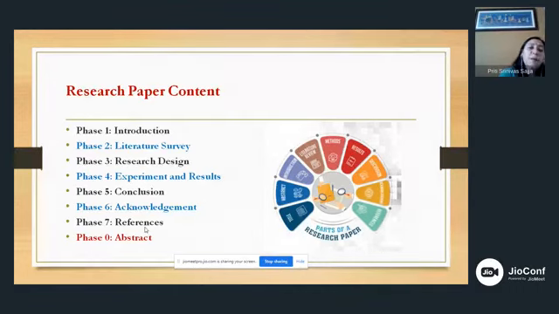It may be a journal, it may be a conference. According to the template, you write all your content and referencing according to their requirement. It may be numerical reference, the Chicago format, or the MLA format. APA and MLA are very popular formats which are generally used by researchers.